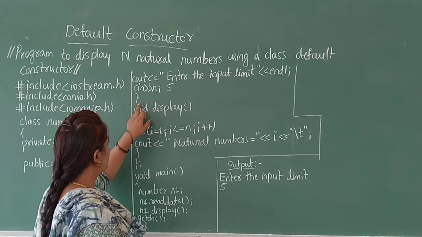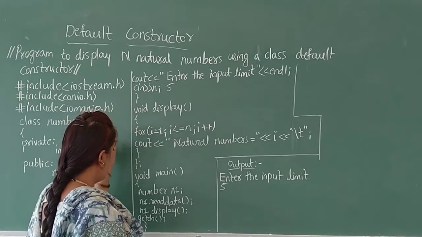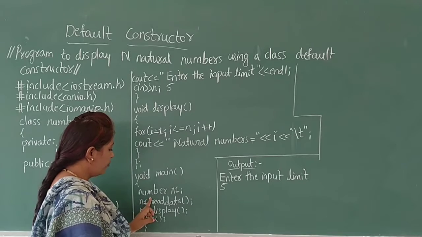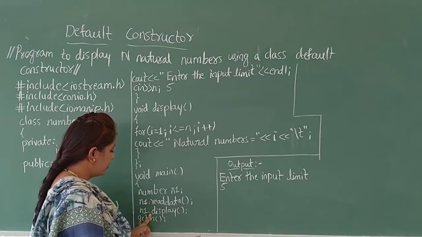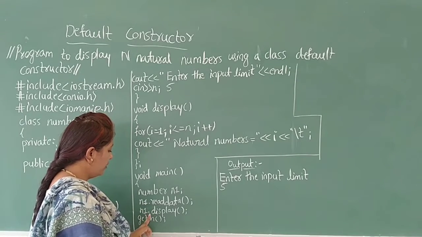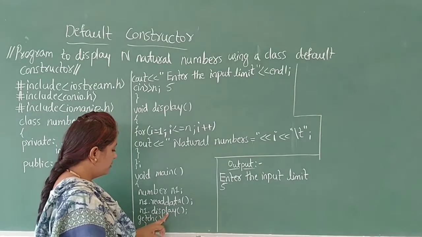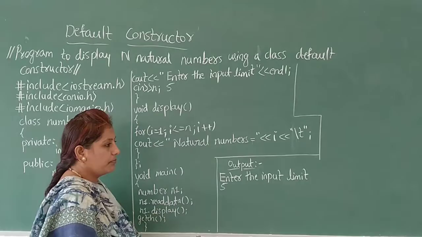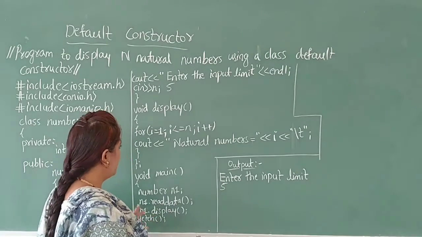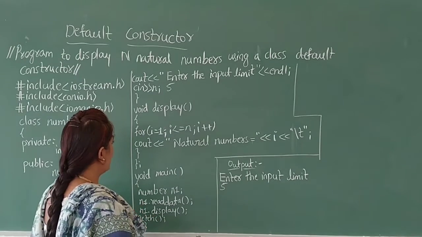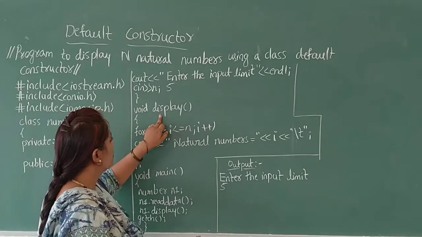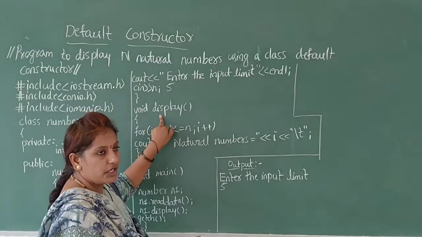Next, it ends the read data member function and again goes to the void main function, and the next statement n1 dot display is executed. Here the display member function is called using object n1. Then the control directly goes to the display member function.